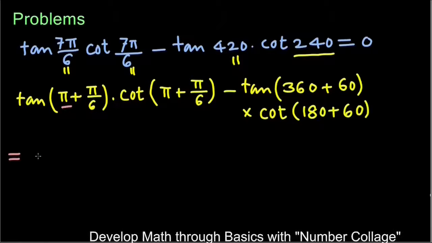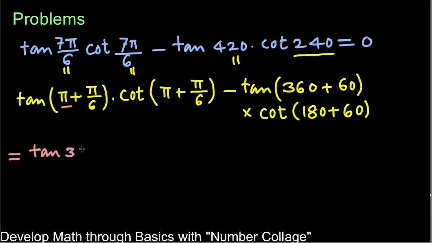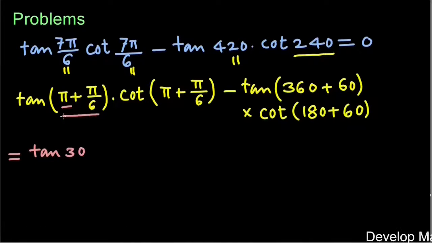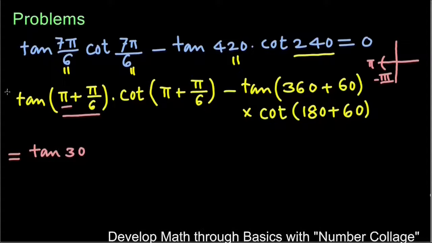Because of this pi, this will be tan of pi by 6, which is tan 30, and the angle pi plus pi by 6 lies in the third quadrant, which is tan's own quadrant.